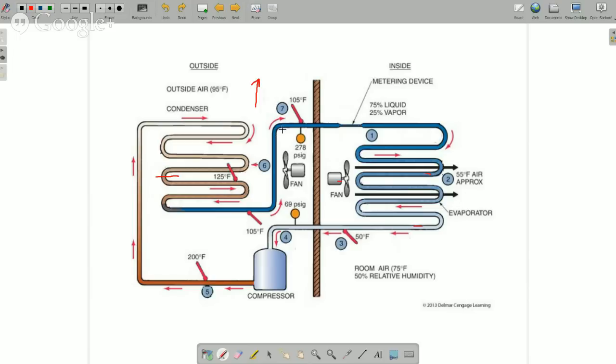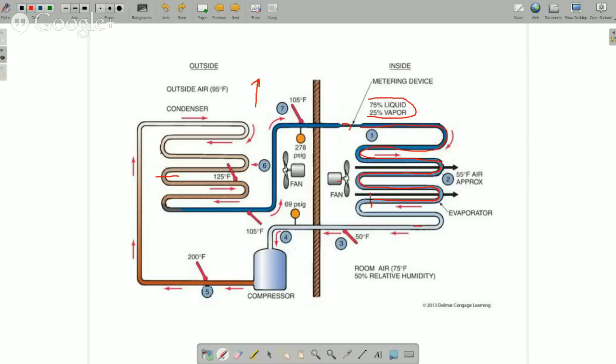So we still have that solid column of liquid. We still hit the metering device, 75-25 flash gas, and then we move our way through the evaporator coil, changing state, changing state, continues to change state. But because there's too much refrigerant in the system, instead of being 100% vapor at this point, it's still changing state.